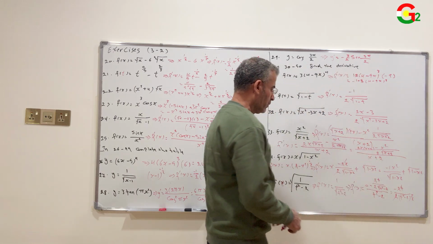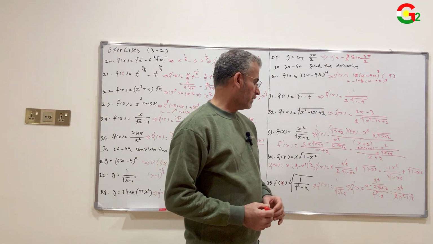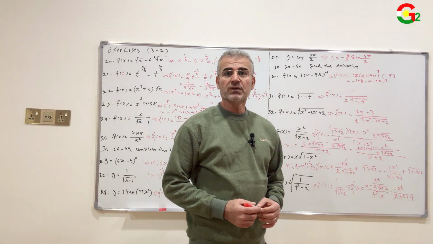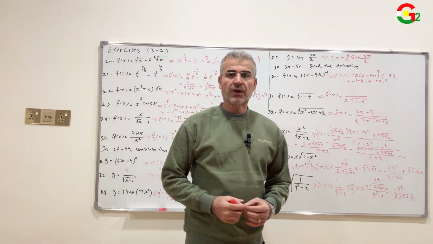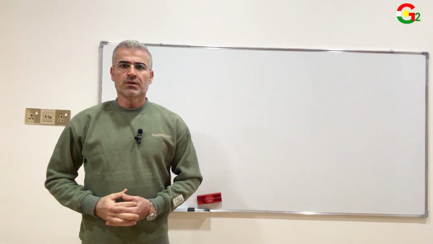Reduce 2 with 2, and the final answer will be negative t over (t square minus 2) all to the power 3 over 2. See you next lesson.